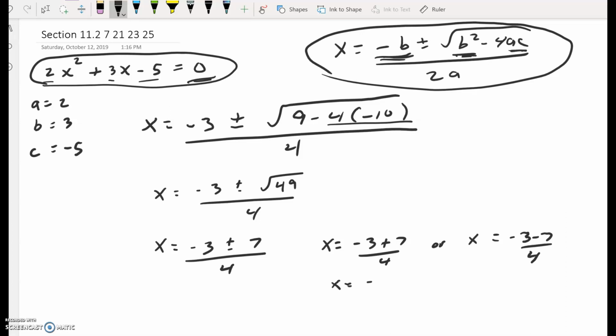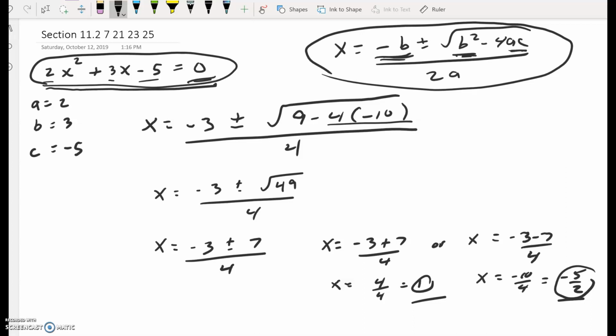This is x equals 4 over 4, which is 1, or x equals negative 10 fourths, which equals negative 5 halves. So these are the two solutions to the original equation.